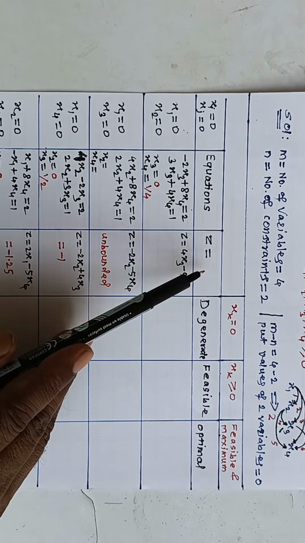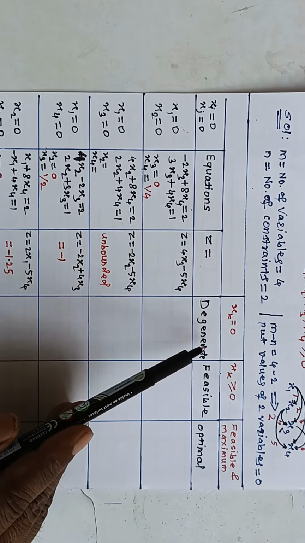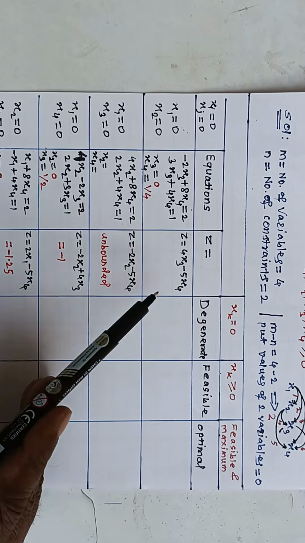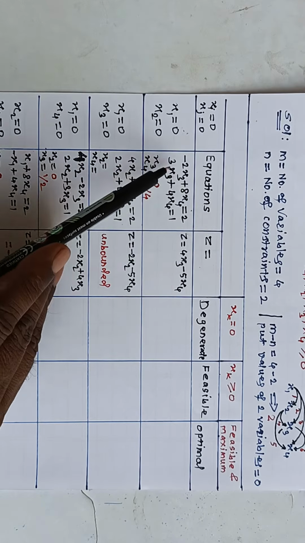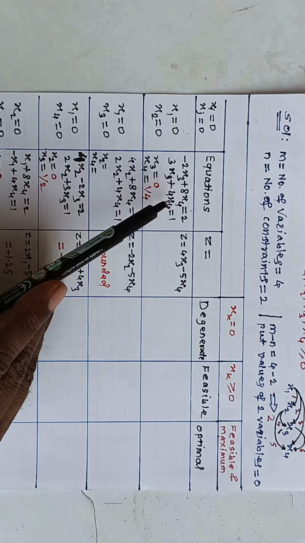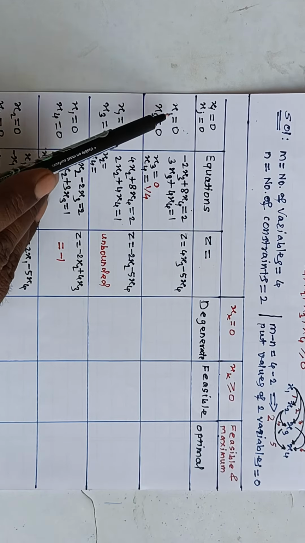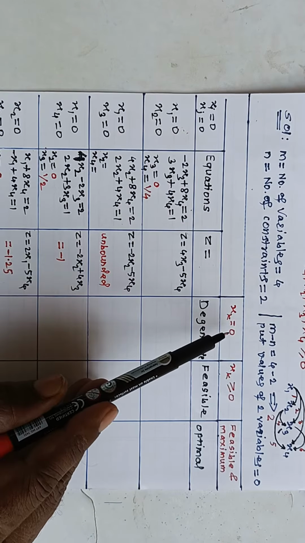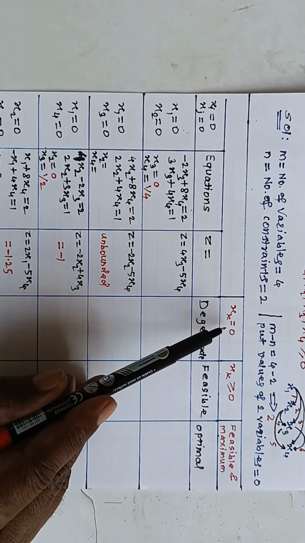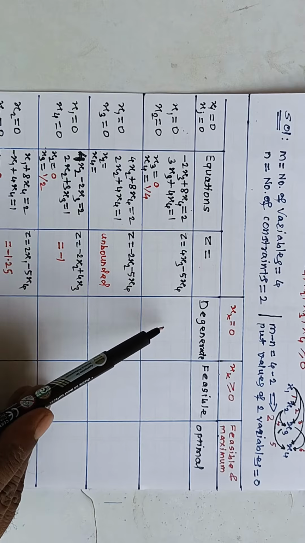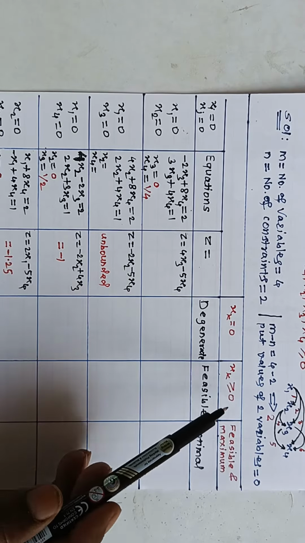Third column, value of z. Fourth column, degenerate. It is degenerate if any one value of these variables is 0. Excluding this, don't consider these values. Okay, if the value of a variable xk is 0, then it is degenerate, otherwise non-degenerate.